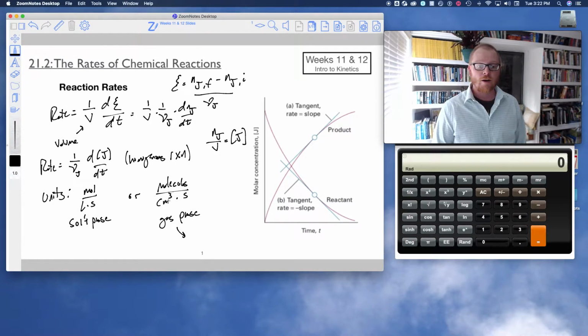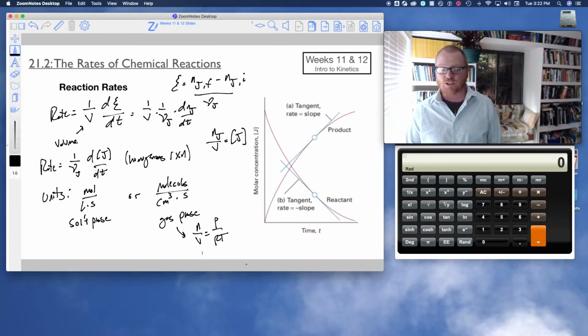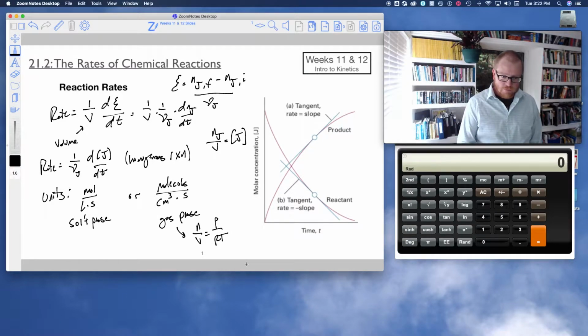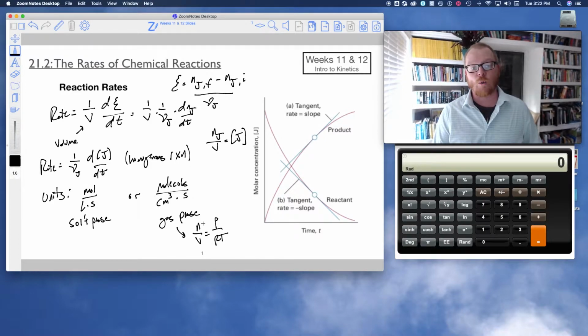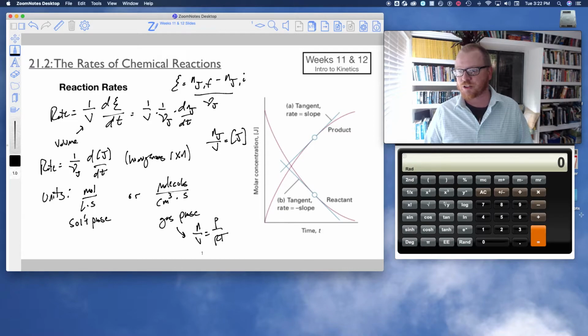And so for this gas phase, just to give you some familiarity with that unit, molecule per cubic centimeter, we know that we can calculate that by saying n over V equals P over RT. So I just quickly rearranged the gas law. And so we know that that would give me mole over liter. So if we do that for normal room temperature, let's say 1 atmosphere and 298 K, I've got my handy calculator here.